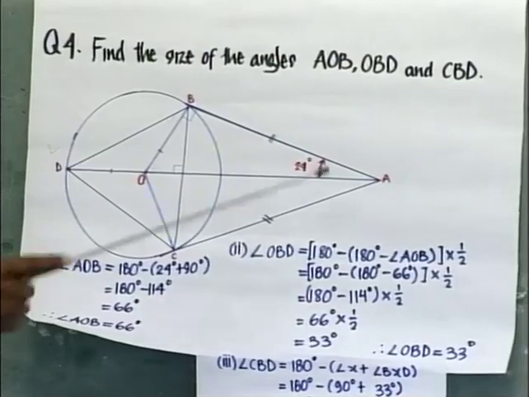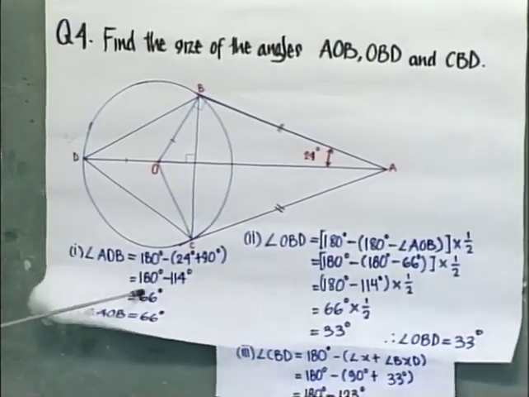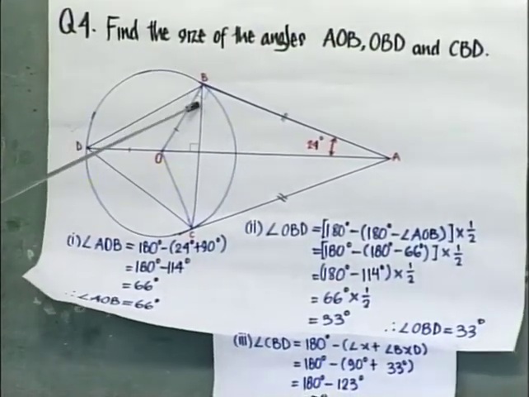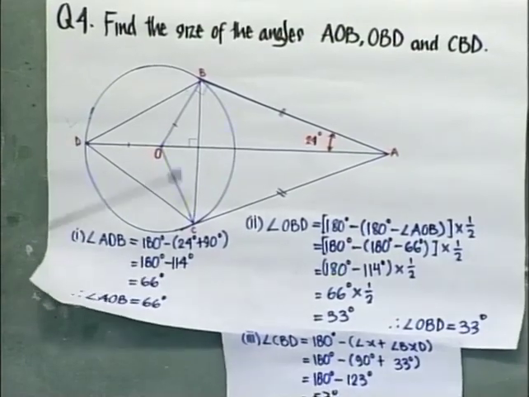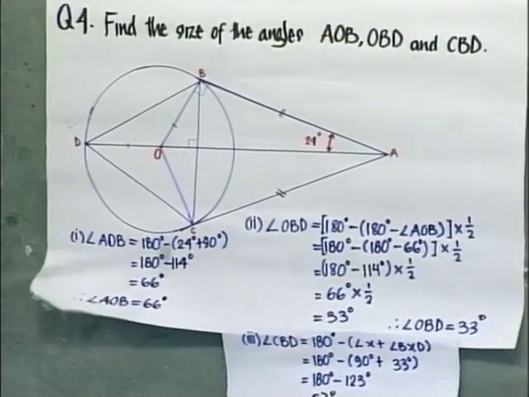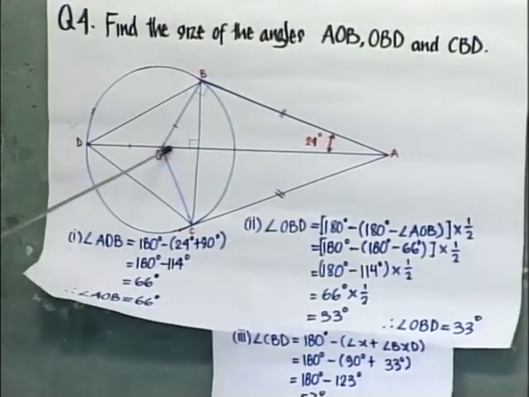So this is a triangle, so we use 180 degrees minus 24 plus 90 degrees, which is a right angle, equals 114. So 180 minus 114 degrees equals 66 degrees. Therefore, angle AOB is equal to 66 degrees.